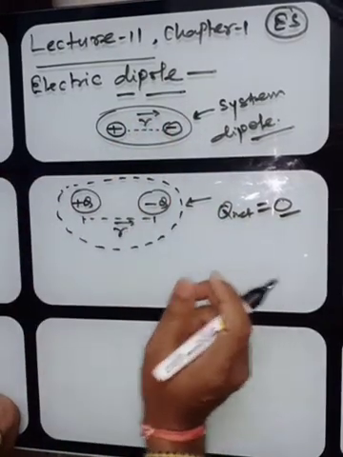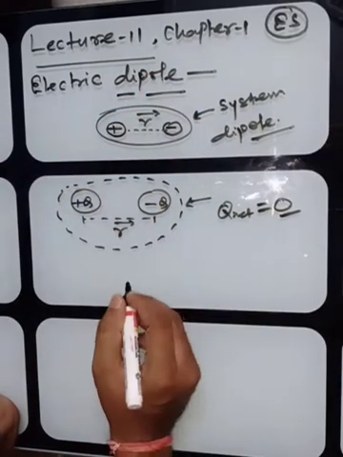Now, how is this electric dipole formed?